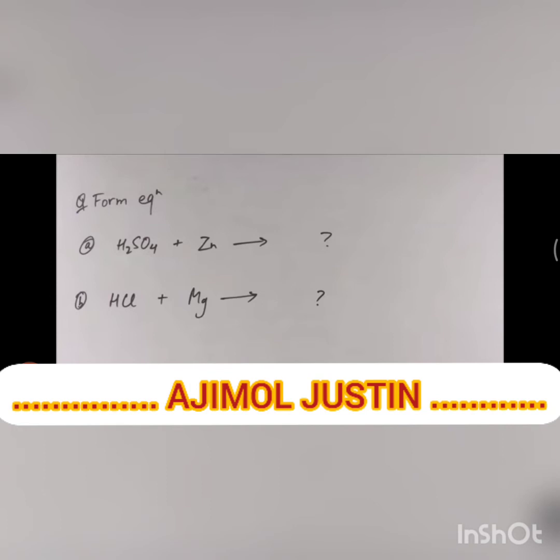You know that H2SO4 and HCl are acids. Zinc and magnesium are metals. So acid and a metal on reaction give a salt and hydrogen gas. Come on, I am waiting.